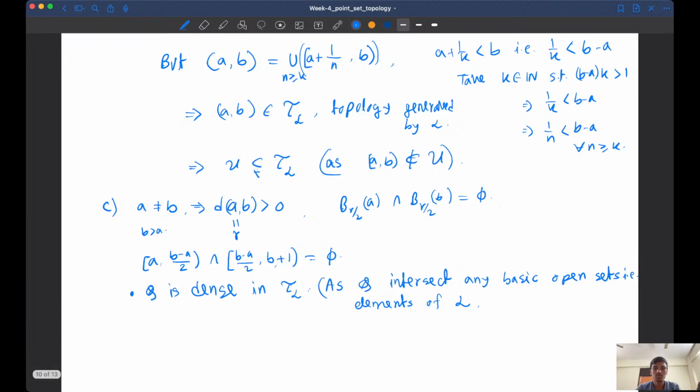So that's why Q intersects any basic open set, and so it intersects any open set as well.